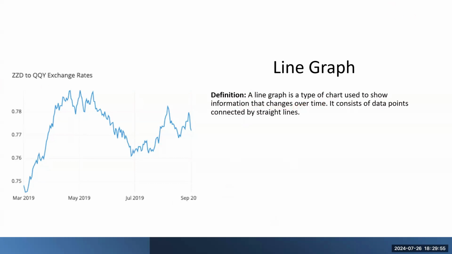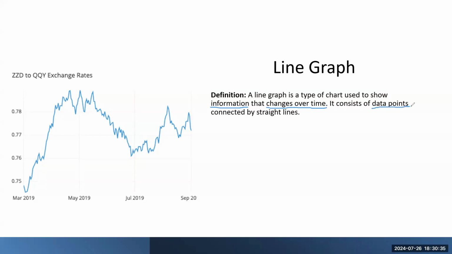Okay, so the most important thing here is changes over time. So when you have a time factor, you want to consider a line graph. So here, you're looking at changing over time, right? To show information that changes over time.